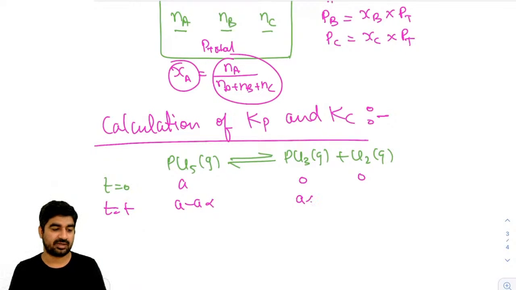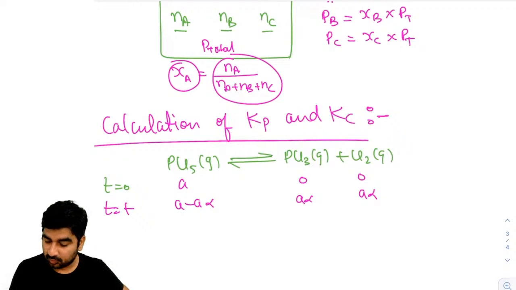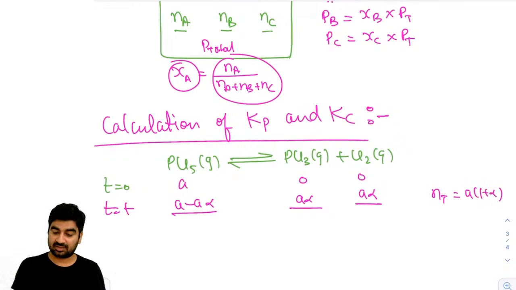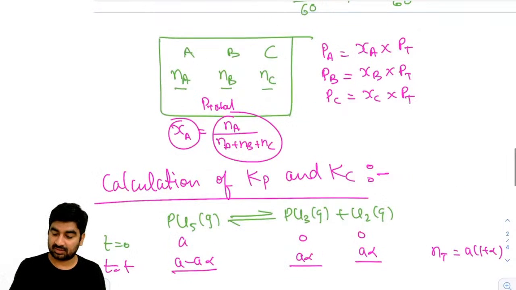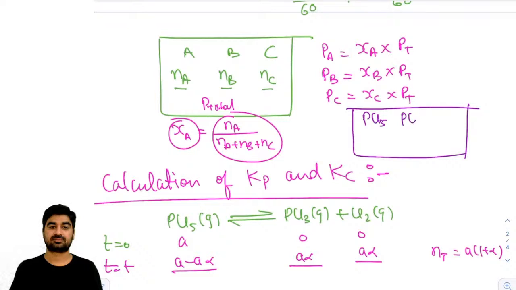Once you get it, just divide by total mole. So total mole will be A into 1 plus alpha. So guys, now in the container I am having three gases: PCl5, PCl3 and Cl2.